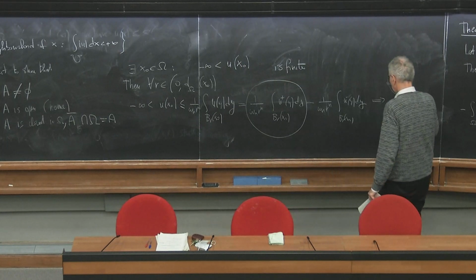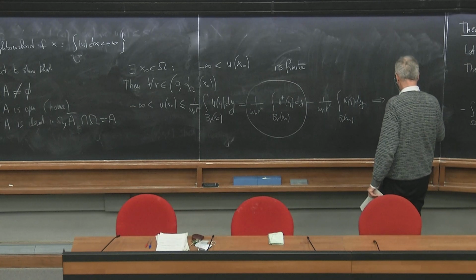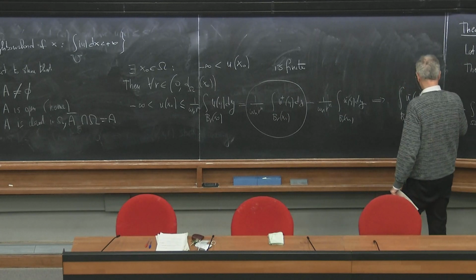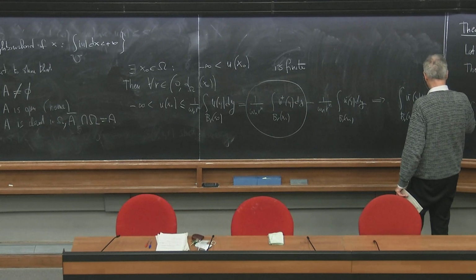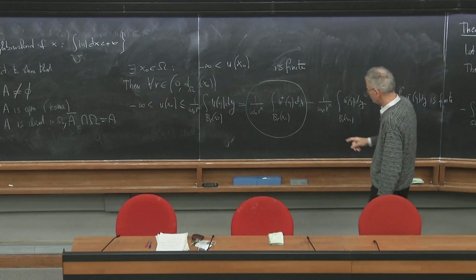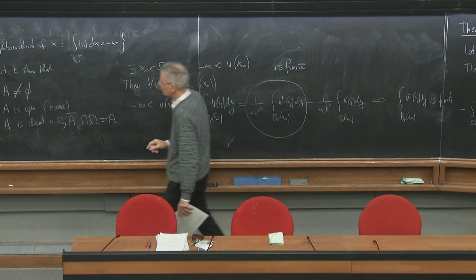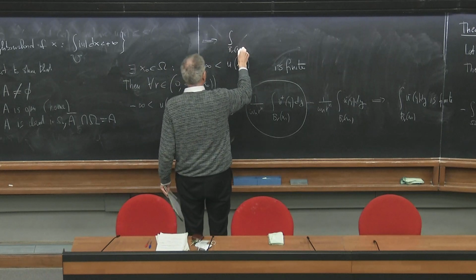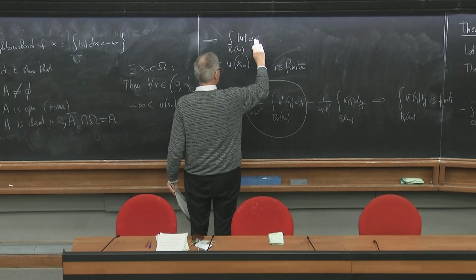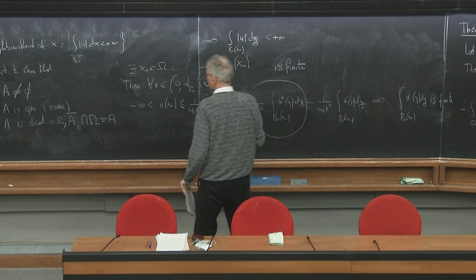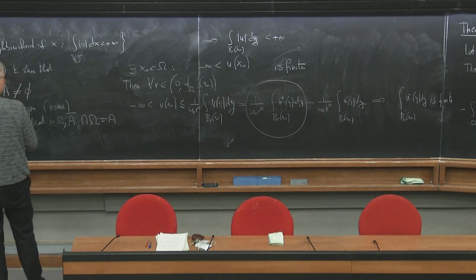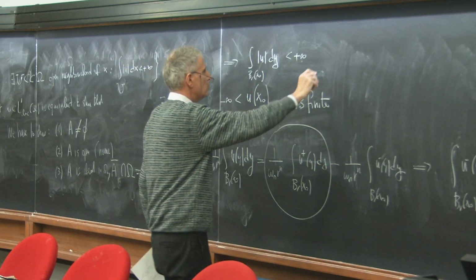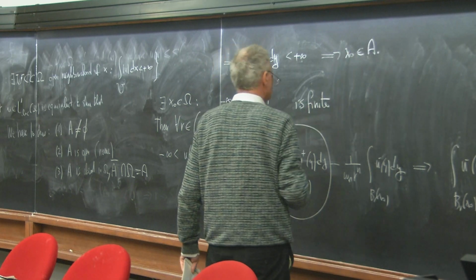So the integral over B_r of x naught of u minus y dy cannot be infinite, it is a non-negative finite number, and also this is a non-negative finite number, and therefore we have found that in B_r, u is integrable, finite, and therefore x naught is a point of A. Because there is an open neighborhood of x naught where u is absolutely integrable, so x naught is in A.